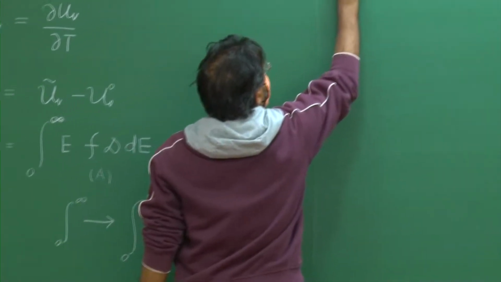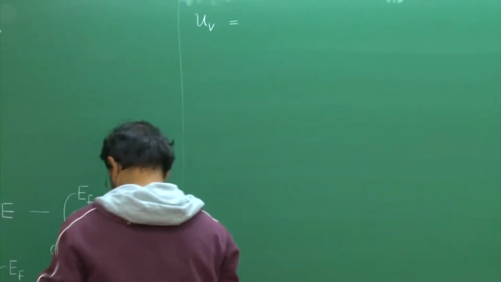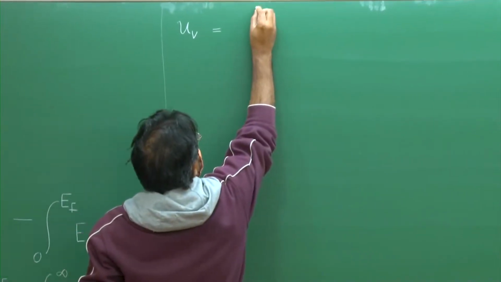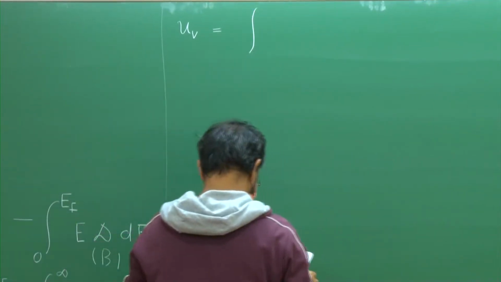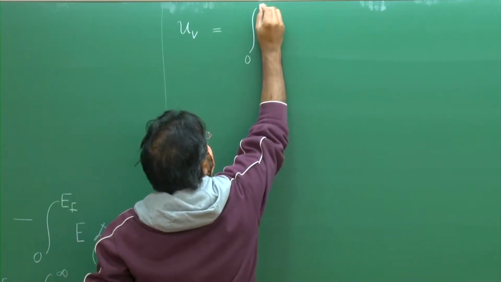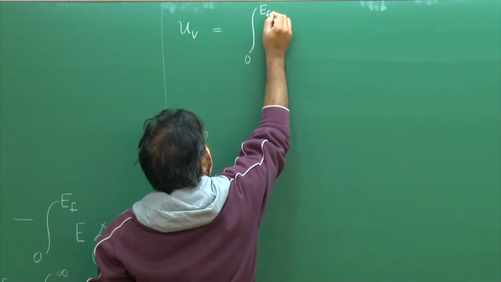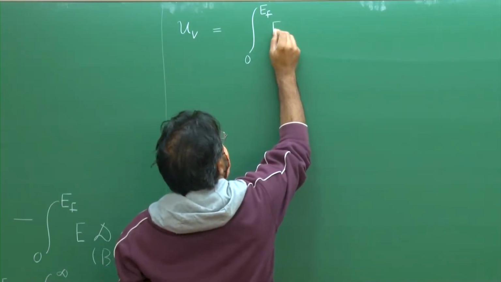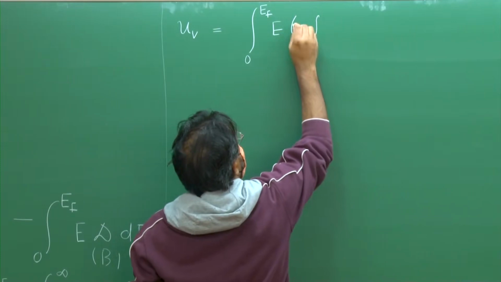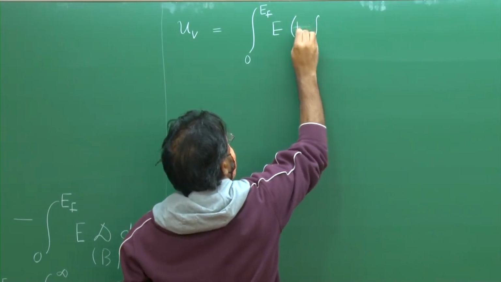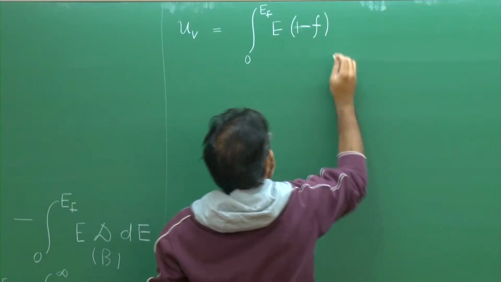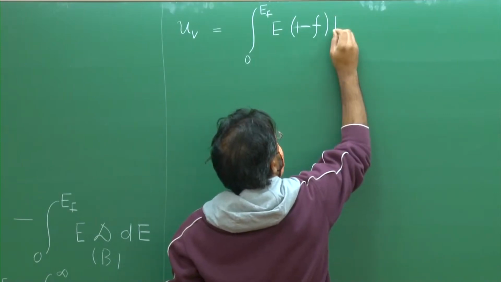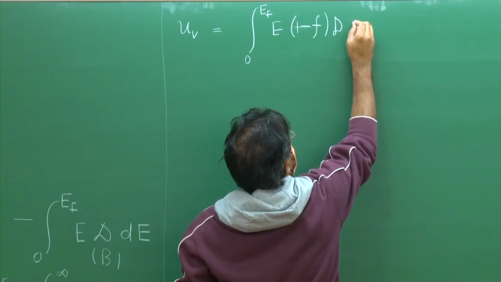You will get UV is equal to integral 0 to EF, and then E times 1 minus F d dE.